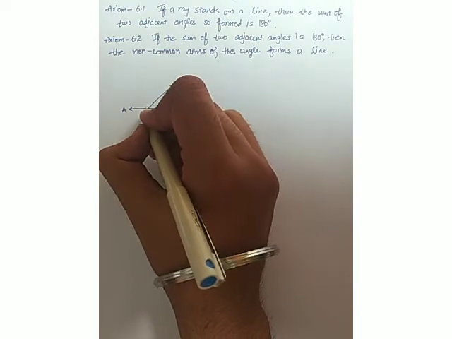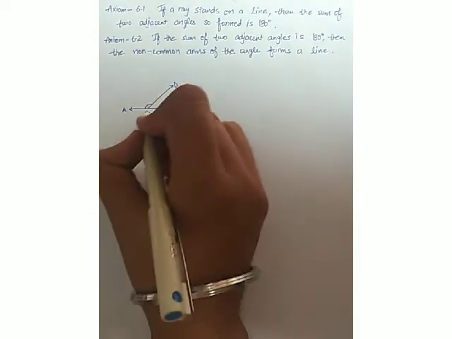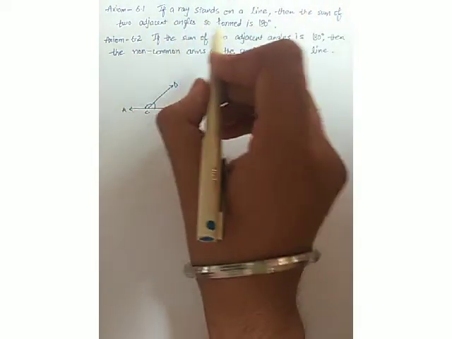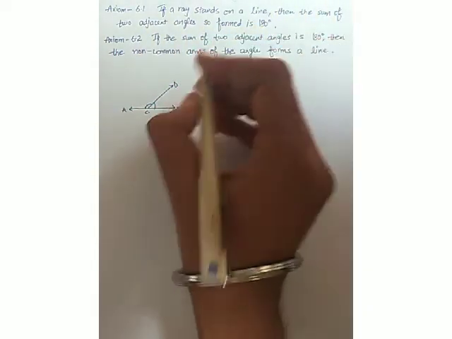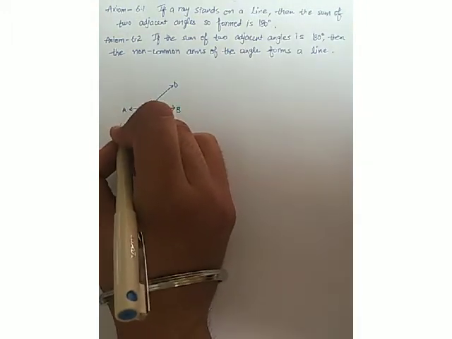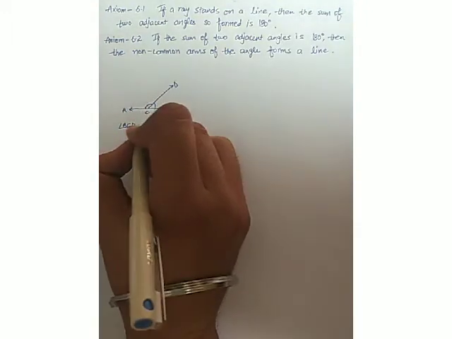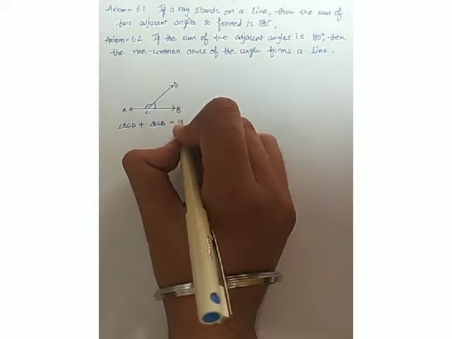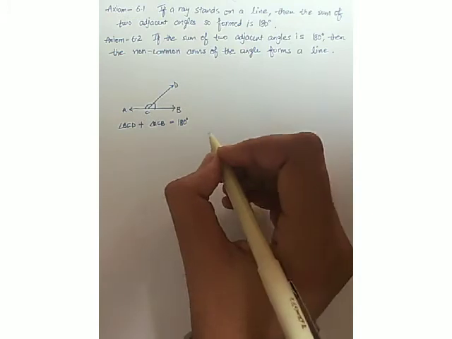Now which are those two adjacent angles? One is ACD, the other one is DCB. The sum of two adjacent angles so formed is 180 degrees. Axiom 6.1 states that angle ACD plus angle DCB will always be equal to 180 degrees.